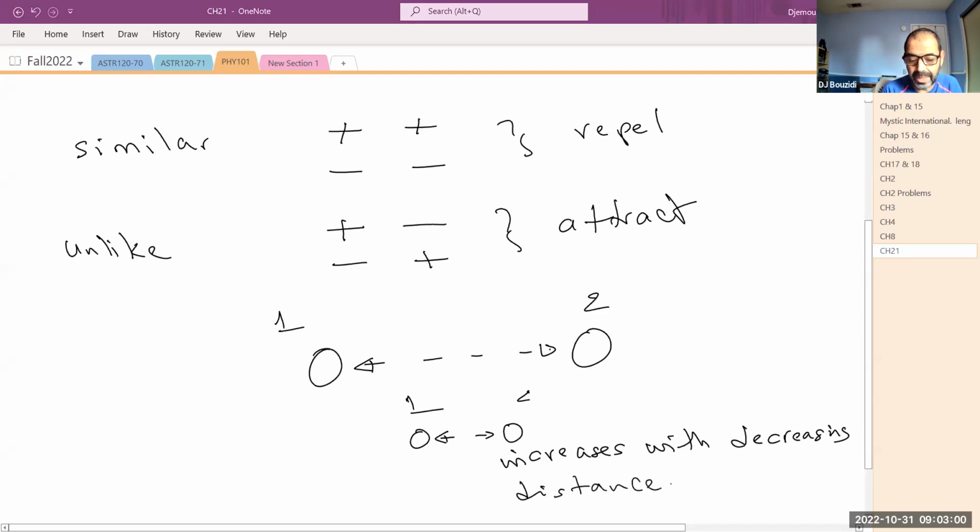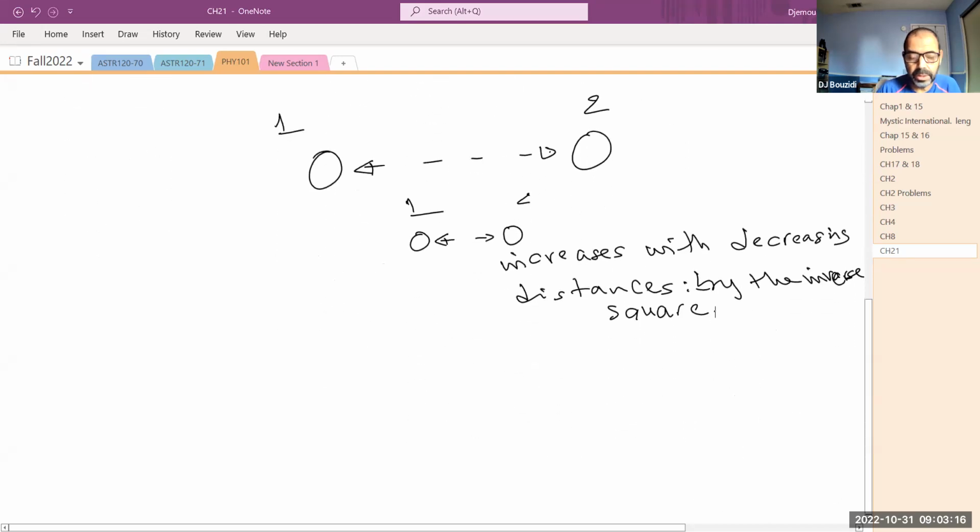And as a matter of fact, it increases by the inverse square. So this is basically what we noticed.